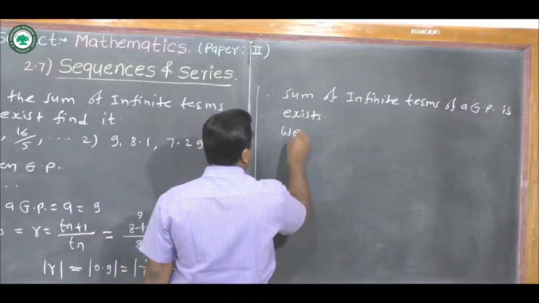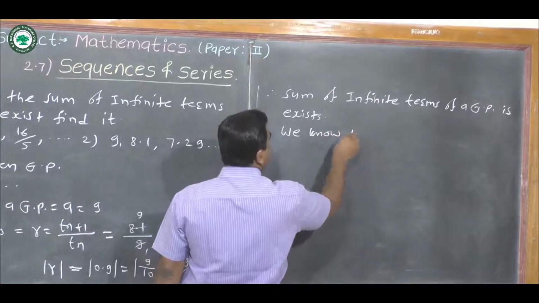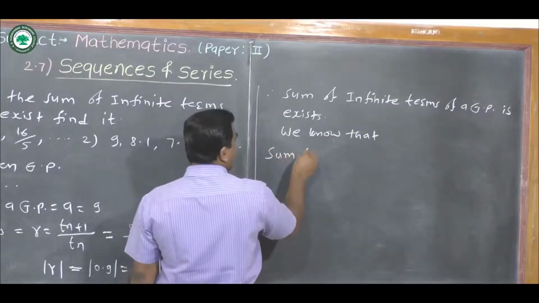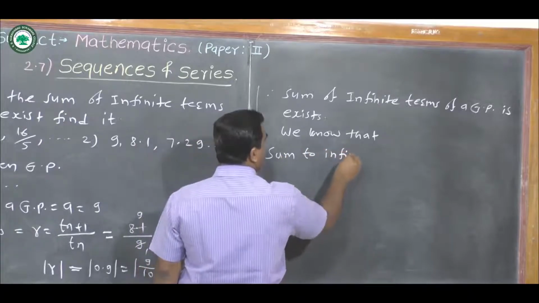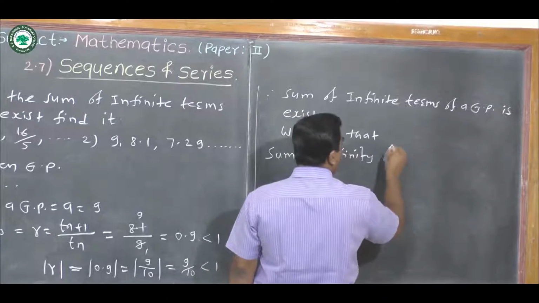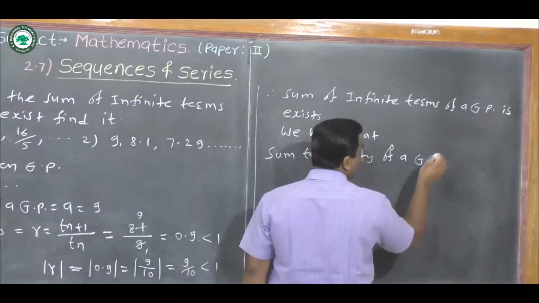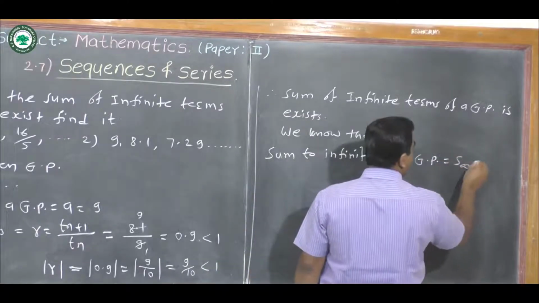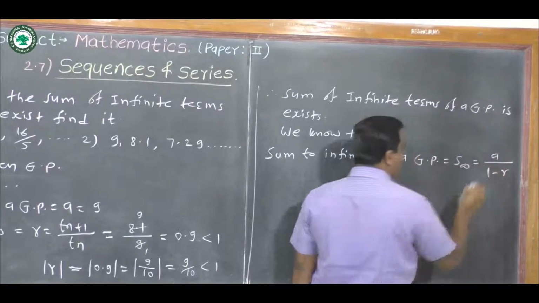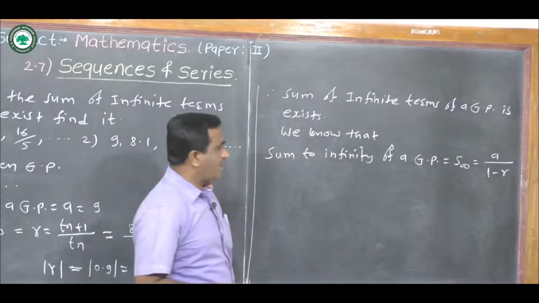We know that the sum to infinity of a geometric progression is S infinity, which is equal to the formula A upon 1 minus R. Now we have to put the values of A and R here.